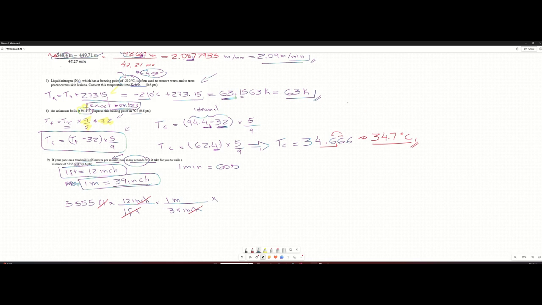Okay? So then I have a minute, 1 minute, right? I can run 65 meters, but I don't want a minute, I want seconds. So I know that 1 minute is 60 seconds. So now I can cancel this minute with the minute, and meter with the meter, and I'm going to have the time.